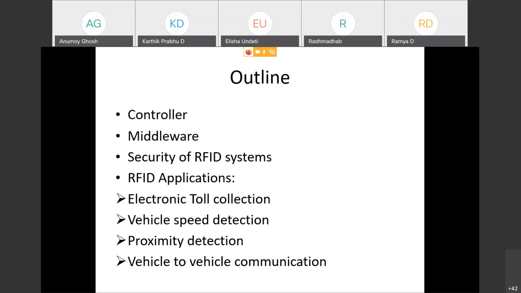the middleware's only job is to take the modulated data from the reader, demodulate the data, do some signal processing and send the binary data bits to the controller. So for this technique I need a very small amount of memory, very small architecture.